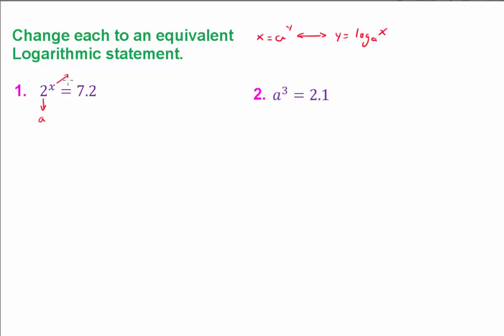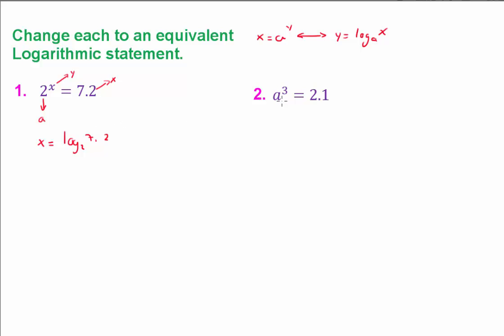Even though it says x, it is actually my y, and 7.2 is actually my x. Converting to log, we have x equals log base 2 of 7.2. The way you ask yourself this is: 2 to the what power is equal to 7.2? That's what logarithmic functions can tell us.